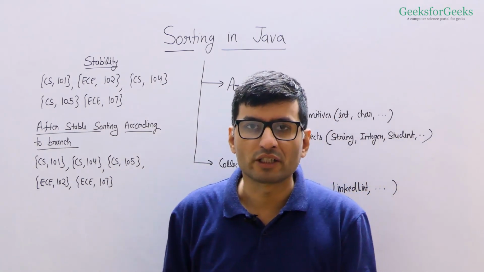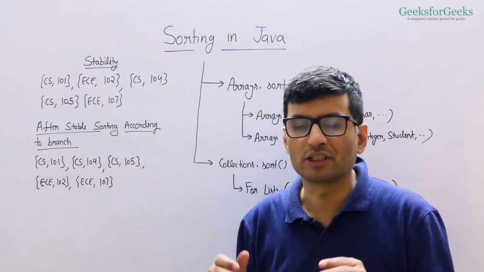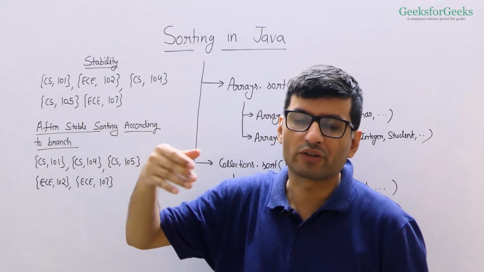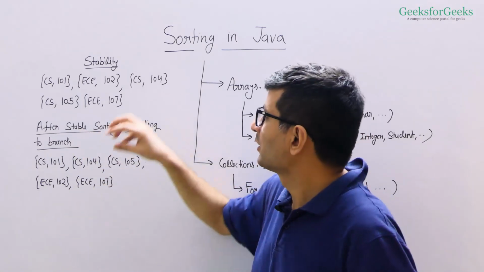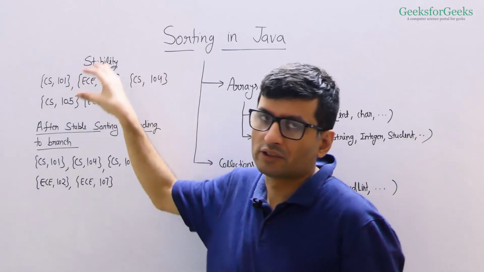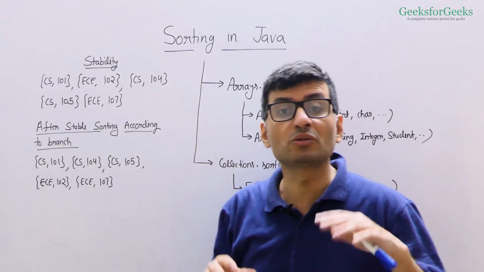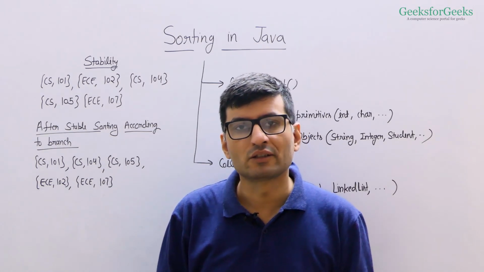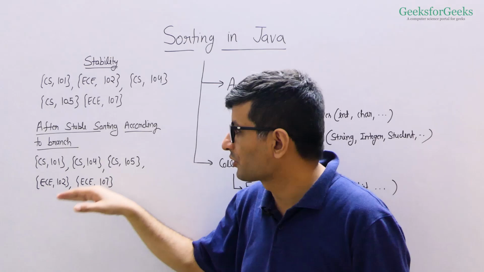Now when you are sorting this array, one possible sorting is you just randomly put CS students together without following the original order. Your original array is sorted according to roll numbers, but you don't care about the original order. Say you put CS104, then CS101, or you rearrange the EC students together. But you just do the required sorting, which is sorting according to branch. This is unstable. And here is an example of a stable sorting algorithm.